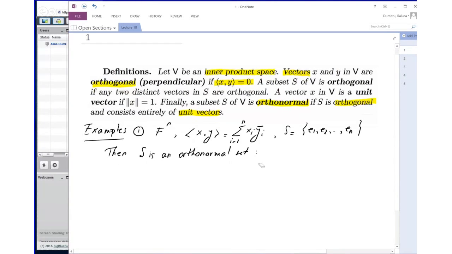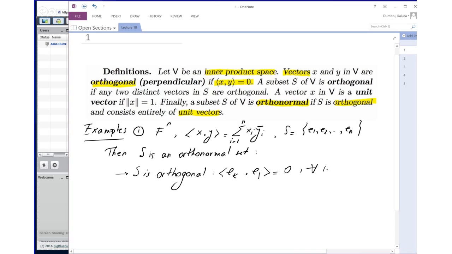Okay, so what does that mean? Well, first of all, it must be an orthogonal set. So S is orthogonal first. Orthogonal means that if you take any two vectors in that set, e_k, let's say, and e_l, then their inner product is 0.